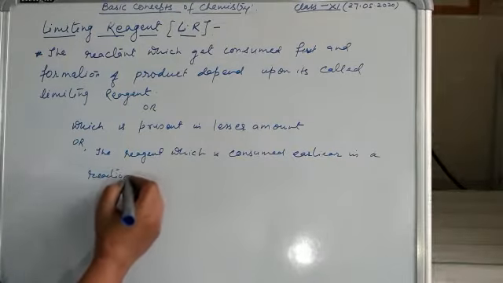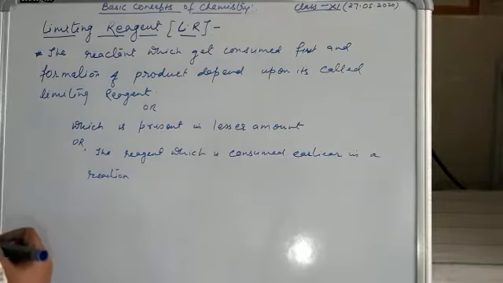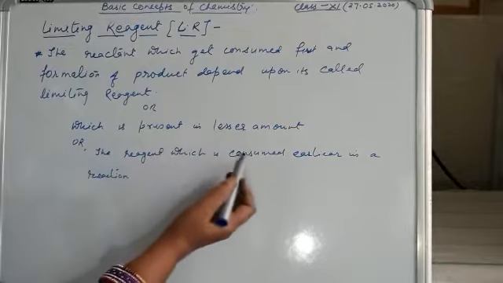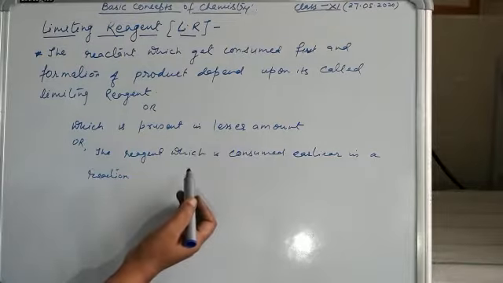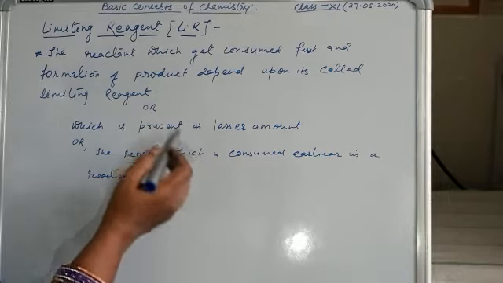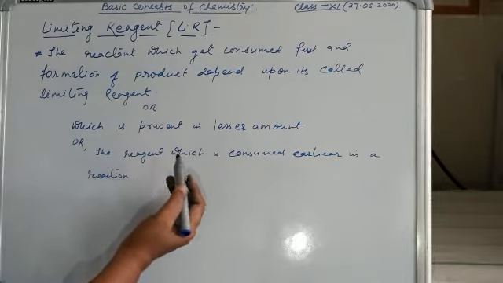So simply, what is limiting reagent? Which is present in lesser amount or which is consumed earlier in a reaction. So totally, formation of product depends on the limiting reagent.